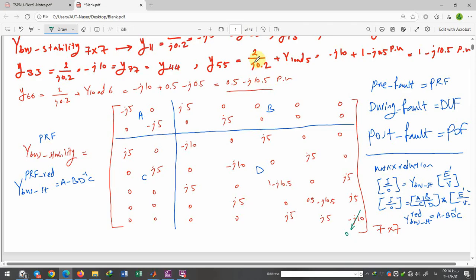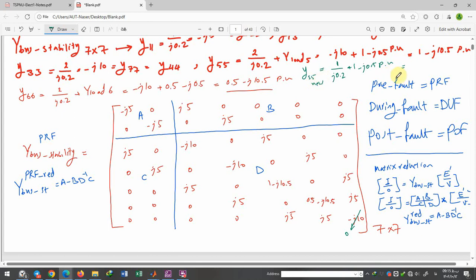Y55 is 2 times the inverse of j0.2, equal to 1 times j0.2, plus 1 per unit. It is Y55 new.